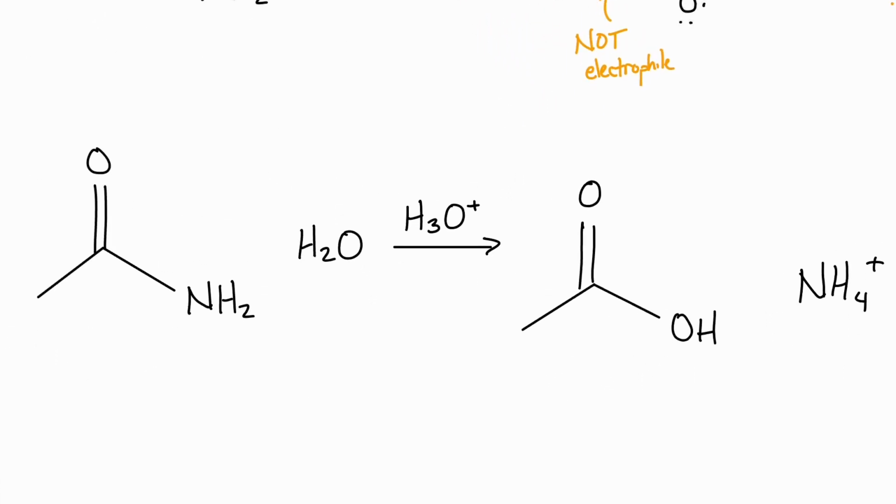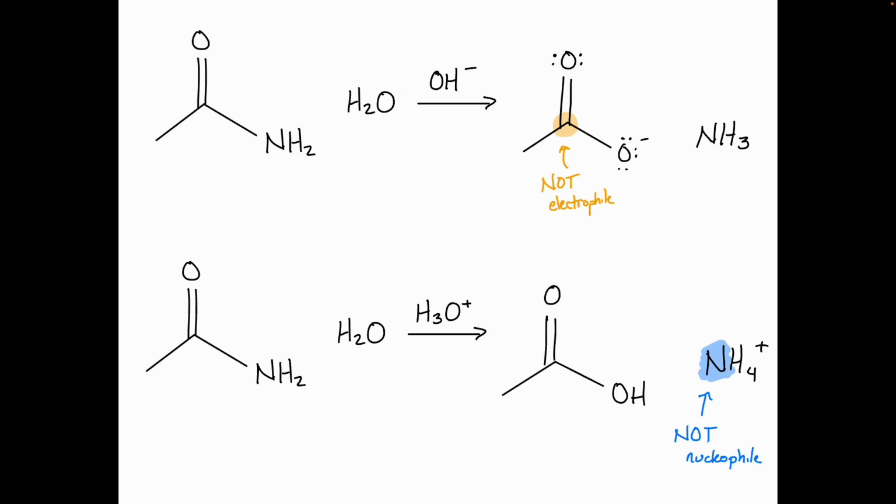Likewise, over here, under acidic conditions, we make our protonated amine, or our ammonium, and this thing over here is not a nucleophile. So we can't have any of this reverse reaction occurring. We will instead favor that less reactive carboxylic acid under both acidic and basic conditions.